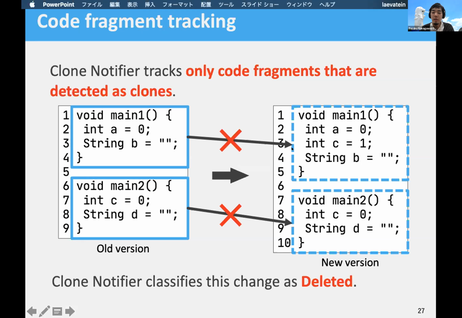As a result, Clone Notifier classifies this change as clone set deletion. However, this change should be classified as a non-simultaneous modification because only the main1 method was modified. The developer may overlook this non-simultaneous modification due to Clone Notifier's improper classification.